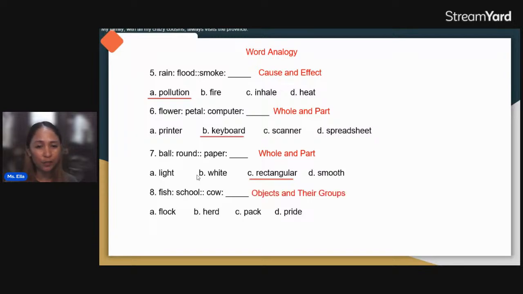Since fish and school are objects and their groups, fish is for school because that's what we call a group of fish, we call them school. And for cow, we call them herd.